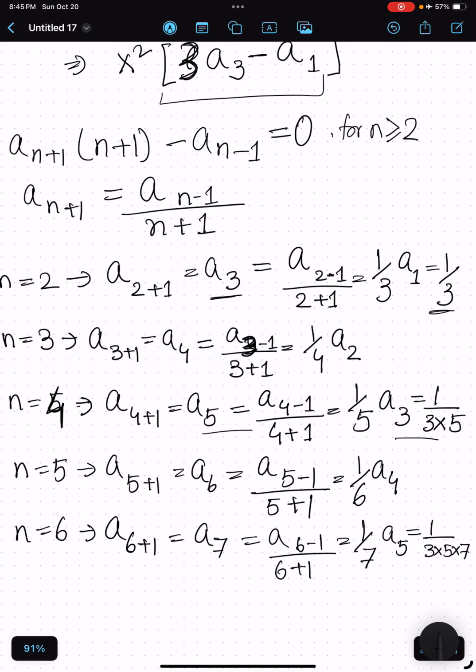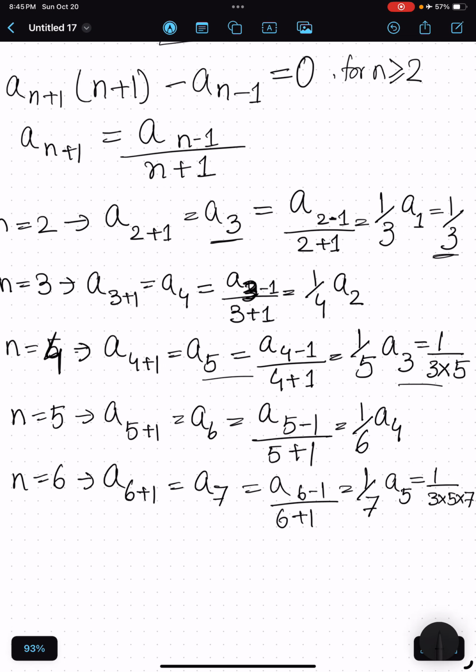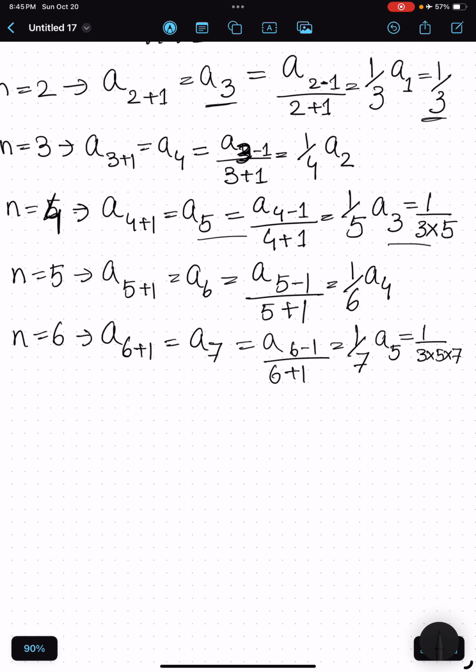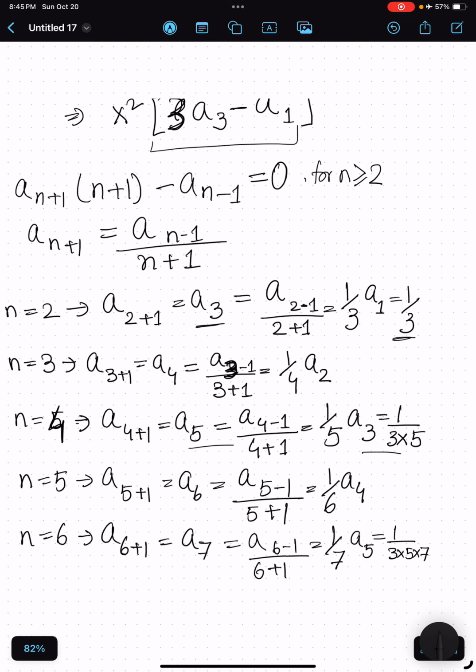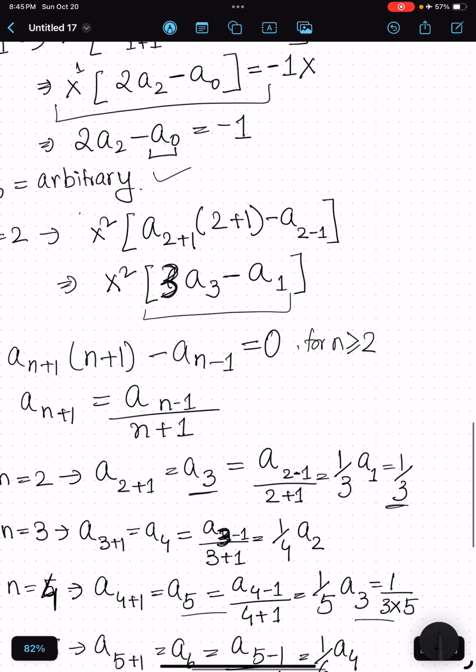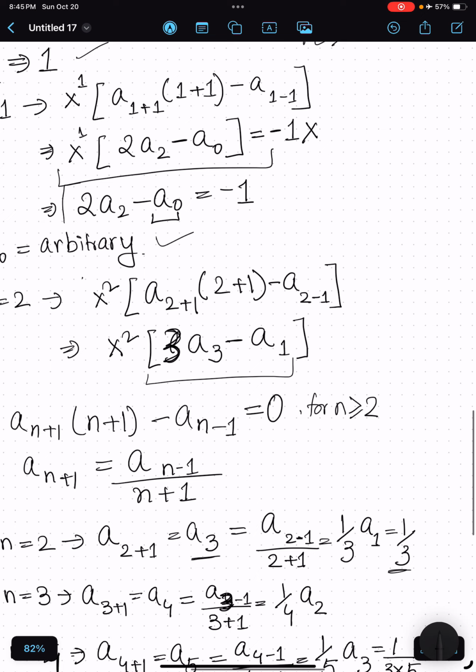So we can see that we have specified the odd numbers over here. Now, what happens when we have the even numbers? Now, if we go up a little bit, we have seen that we have this expression right here.